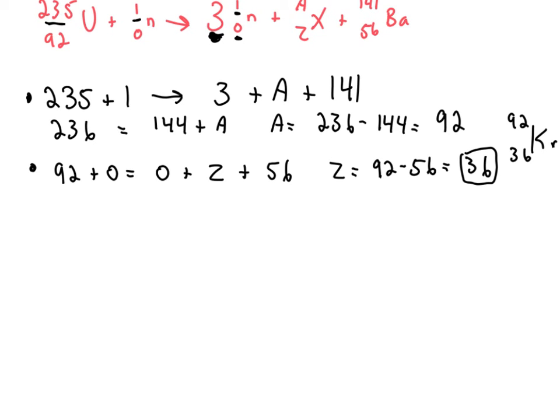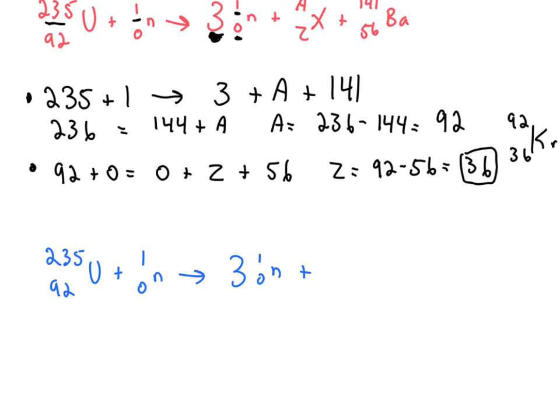So this will be uranium 235 is going to get hit with a neutron, which is going to create 3 neutrons to be knocked off of that big nucleus, or out of that nucleus.